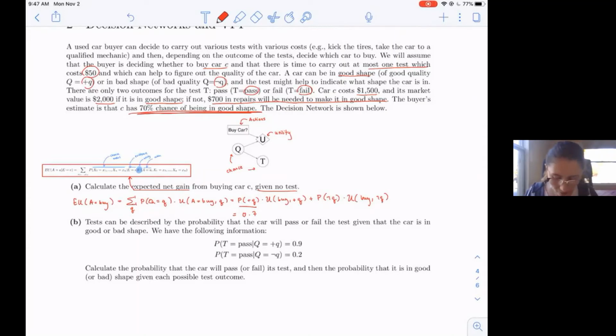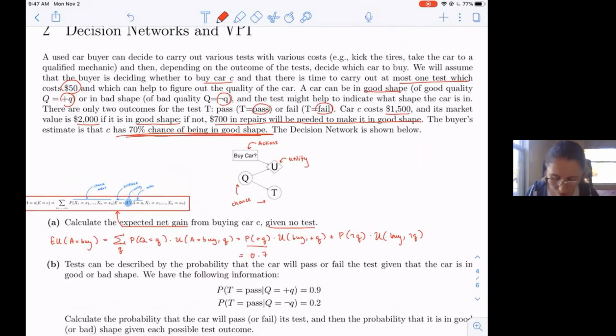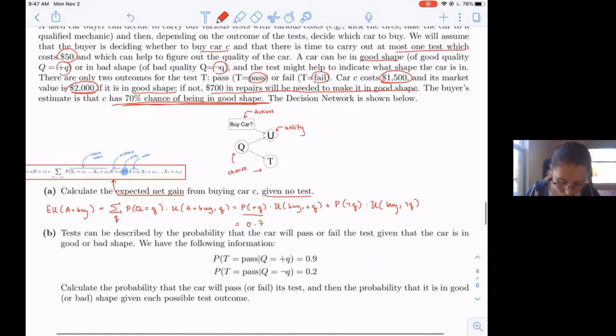Well, to figure that out, we can see here that the car costs $1,500, but its market value is $2,000 if it's in good shape. So assuming here that we're plugging in that the car is in good shape, plus Q, the total utility that the person's going to get from choosing to buy is going to be the total market value minus the price that they purchased it for.